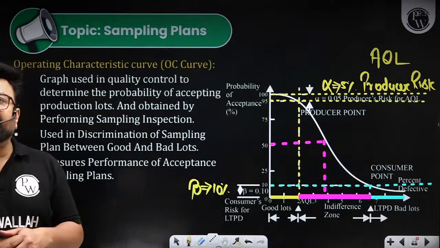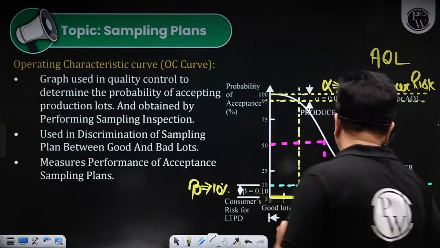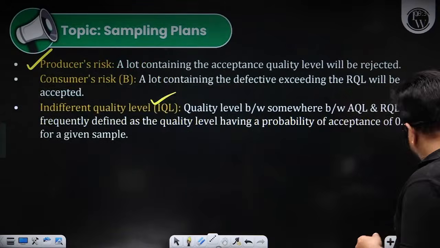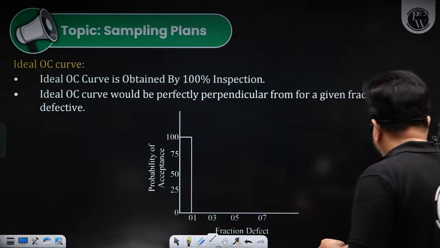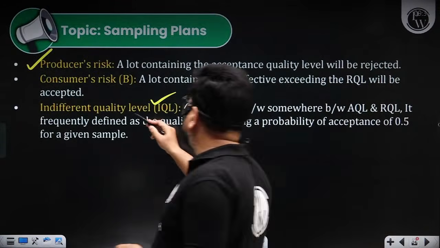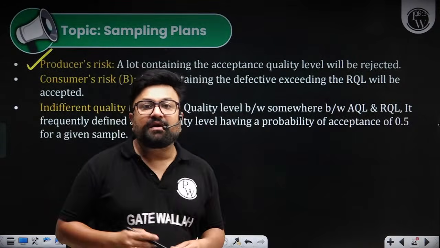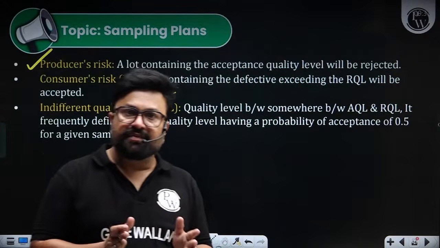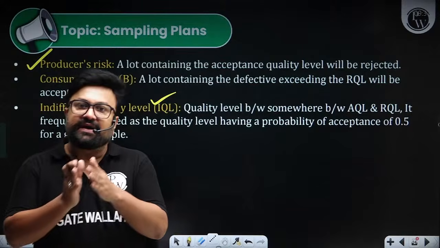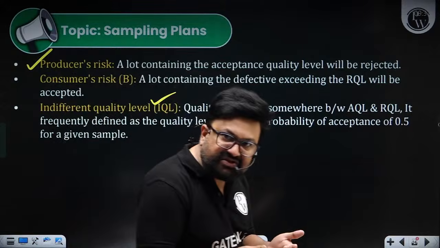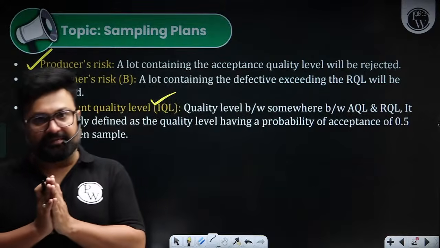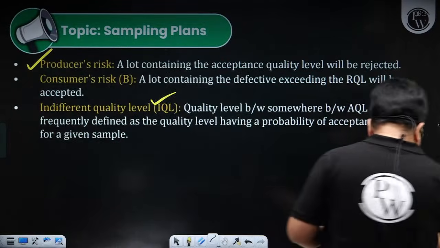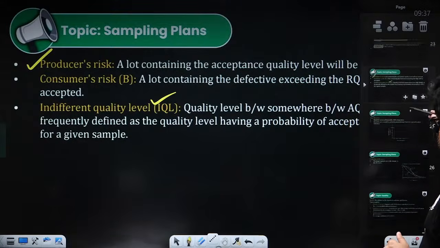So indifferent quality level is somewhere between AQL and RQL. It is frequently defined as the quality level having a probability of acceptance of 0.5 or 50% for a given sample. That's all.